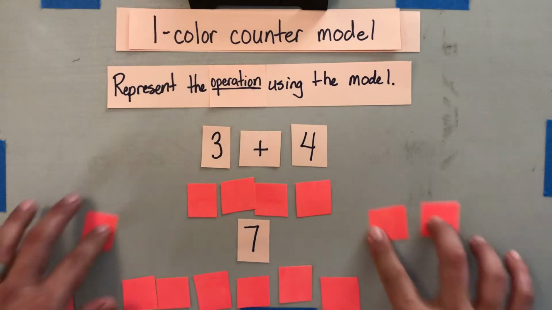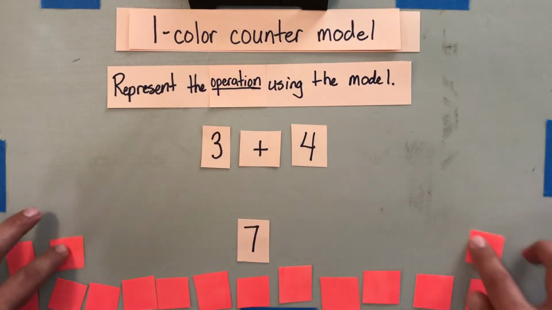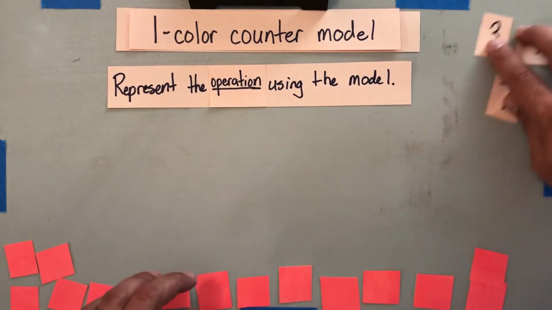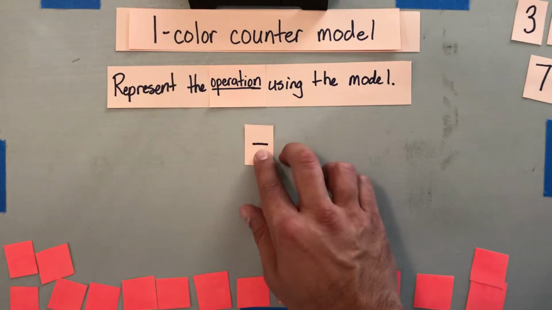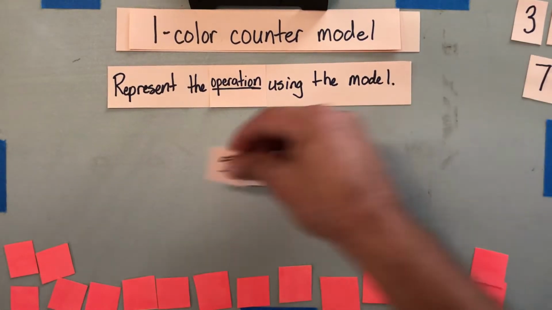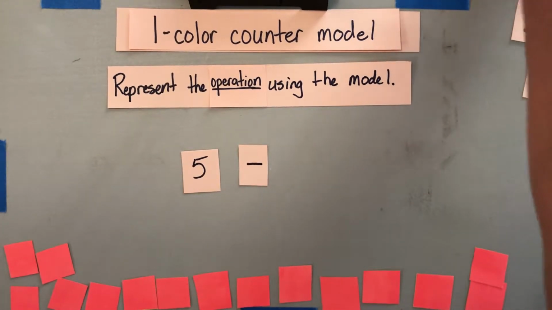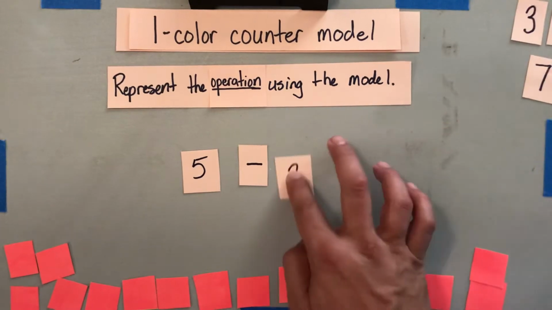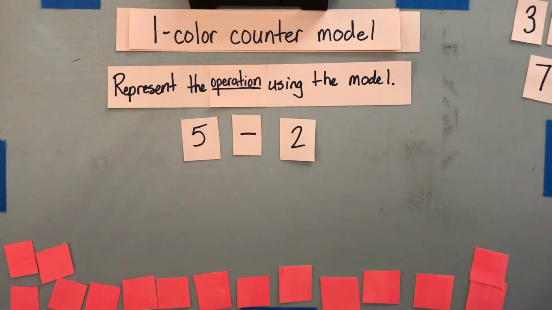All right. Now we'll do an example with subtraction. So let's model subtraction. And we are going to do 5 minus 2. All right, and with one color counter, subtraction is a little bit different because I don't start with both numbers.